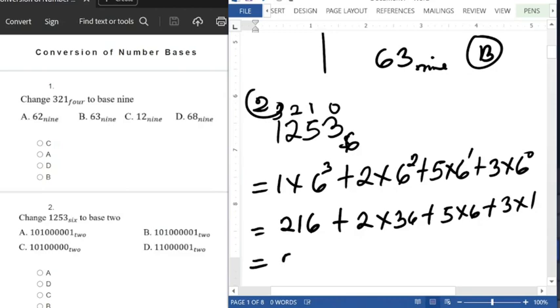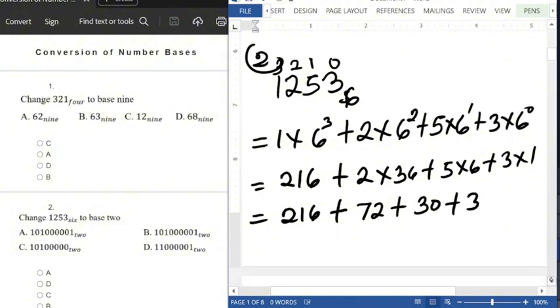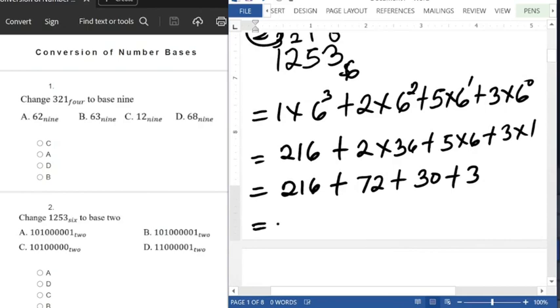So this will give us 216 plus 72, that's 2 times 36, plus 5 times 6, 30, plus 3. Let's add everything together: 216 plus 72 plus 30 plus 3 gives us 321. So this is 321 base 10.